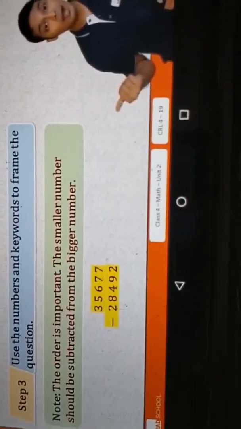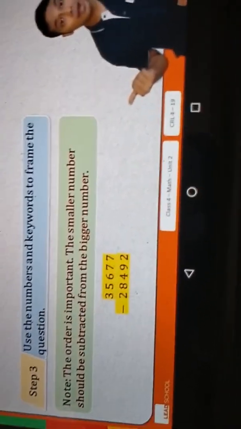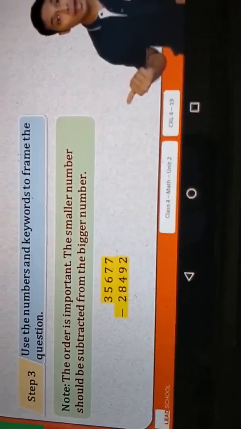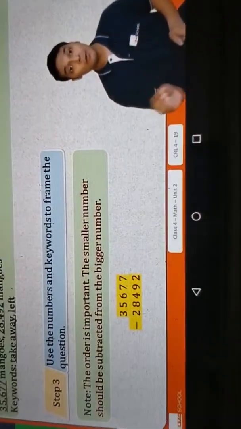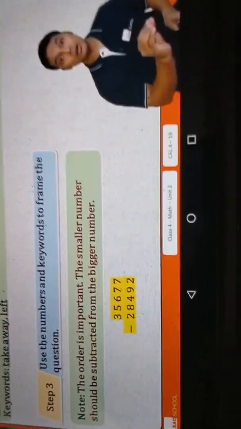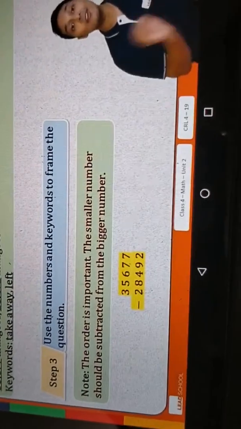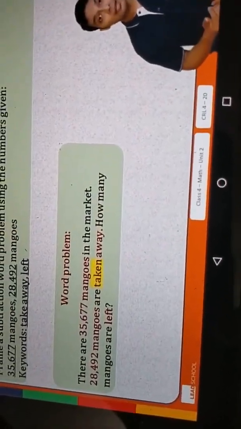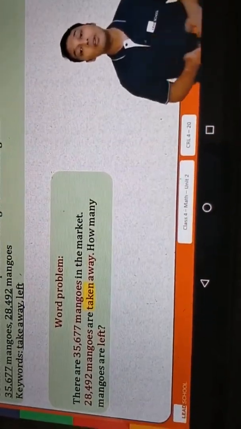That means the smaller number should be minus from the bigger number. Okay? Like this: 35,677 and 28,492. The smaller number 28,492 from the bigger number 35,677.